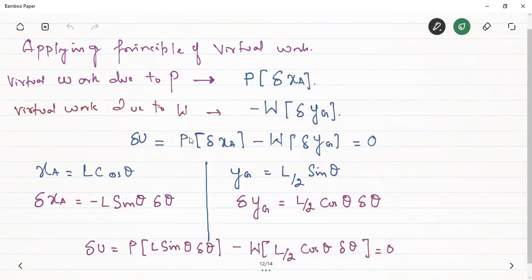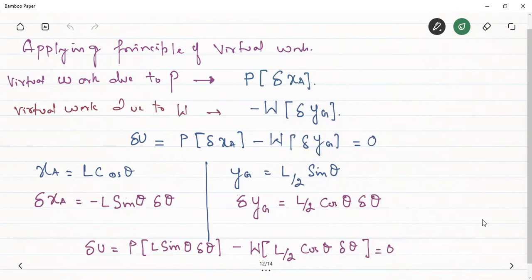I had seen that P delta xa is positive work because P and delta xa are in the same direction. Therefore, while I am taking care of the algebraic signs of these virtual works in the first instance, I don't have to include these negative signs that are occurring in these virtual displacements.